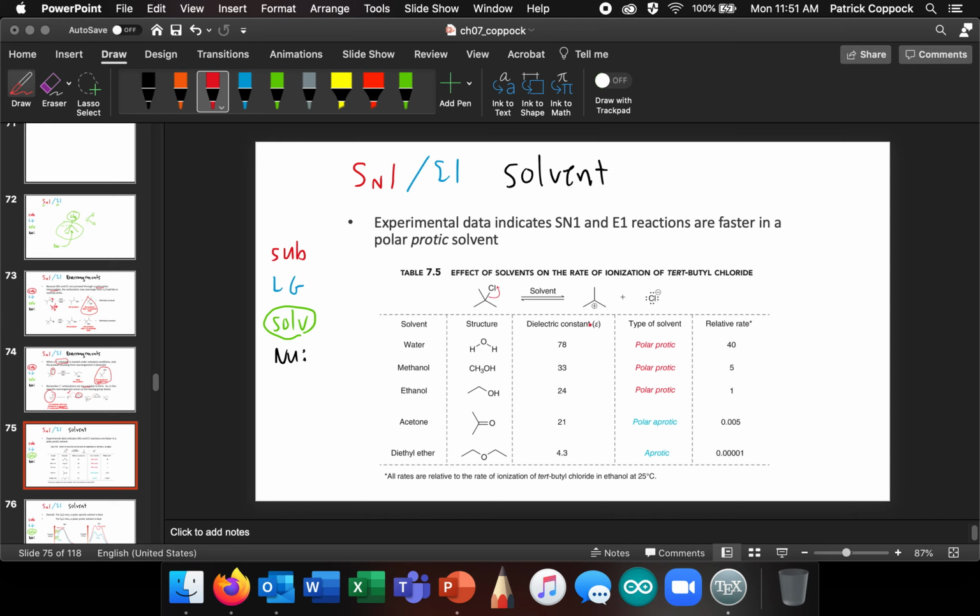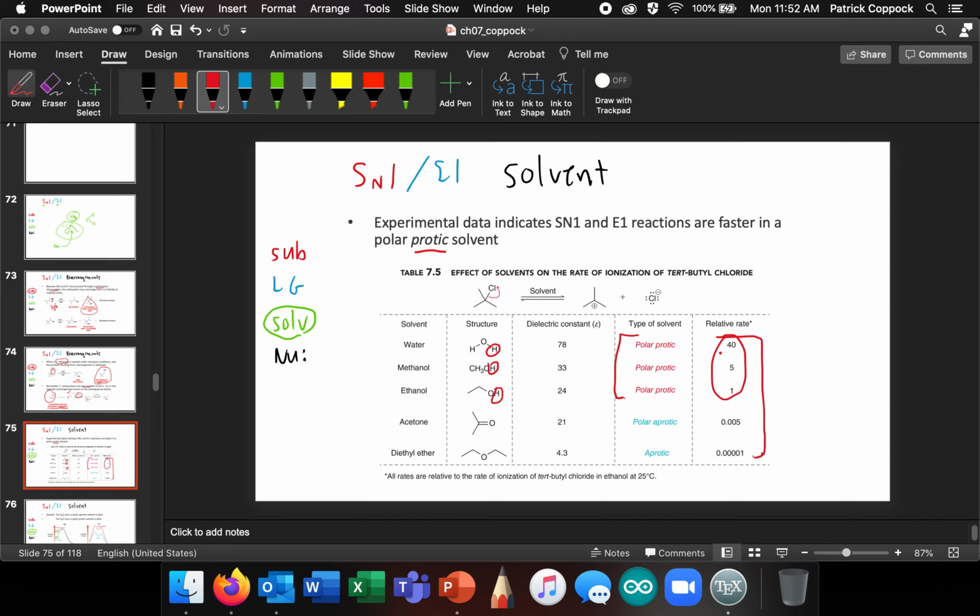Experimental data indicates that SN1 and E1 reactions are faster in a polar protic solvent. And a protic solvent, recall, is something that has a hydrogen bonded to an electronegative element. So those three are protic solvents. It's called protic because the hydrogen is bonded to an electronegative element. They are polar protic. All protic solvents are polar. Look here, in SN1 and E1 reactions, look how much faster.